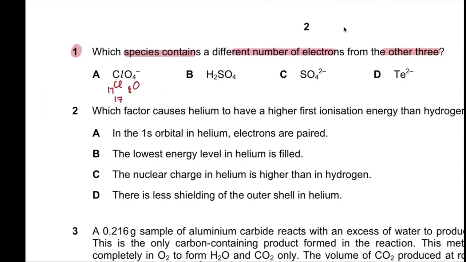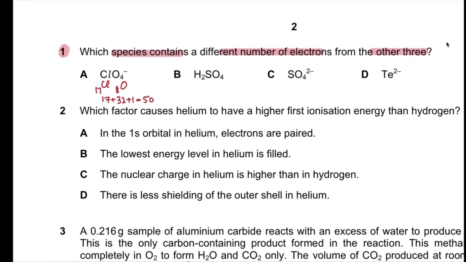So 17, and there are 4 oxygens, 8 times 4 is 32, and then one extra electron. If you add them, 17 plus 32 plus 1, there are 50 electrons in this.